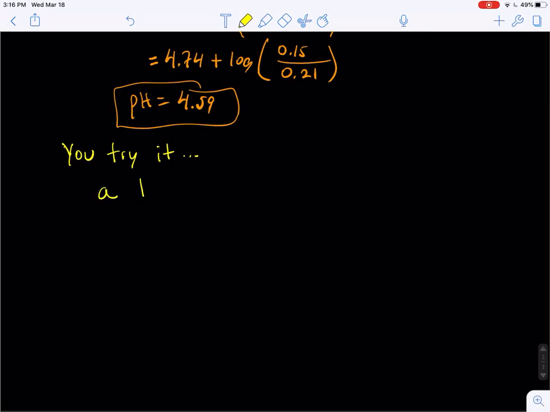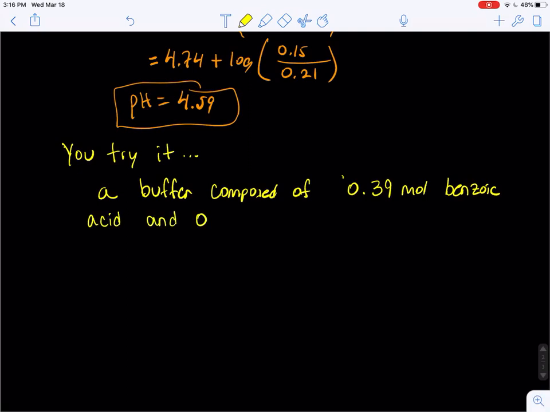Let's say we have a buffer composed of benzoic acid and sodium benzoate.